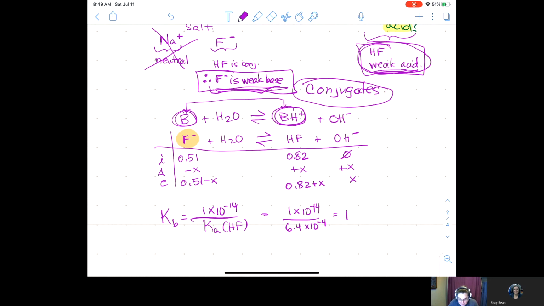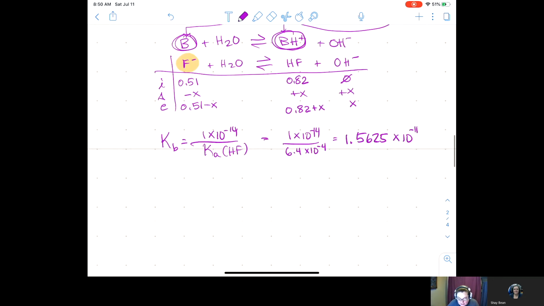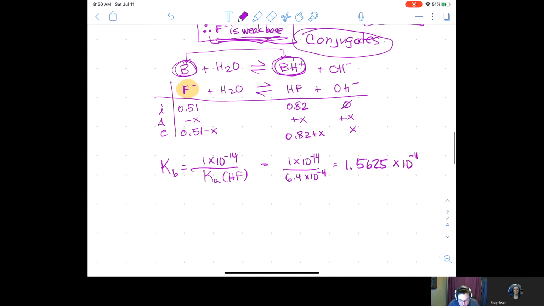When I'm calculating it, you do not want to round yet. You want to keep extra significant figures. I'd keep several extra significant figures, or you can keep it in your calculator and bring it up. I'm going to store this in case I accidentally hit another button. So there's the Kb, and that will be equal to products over reactants from this equilibrium line.